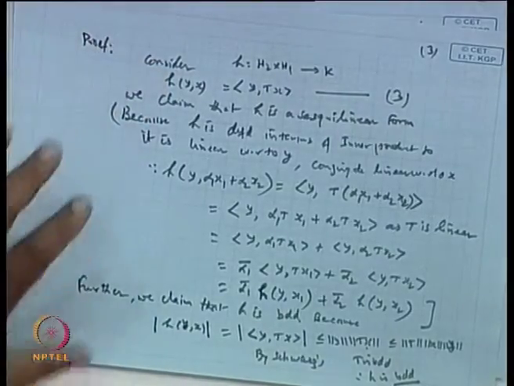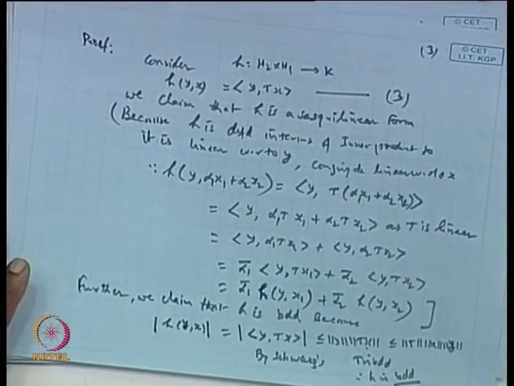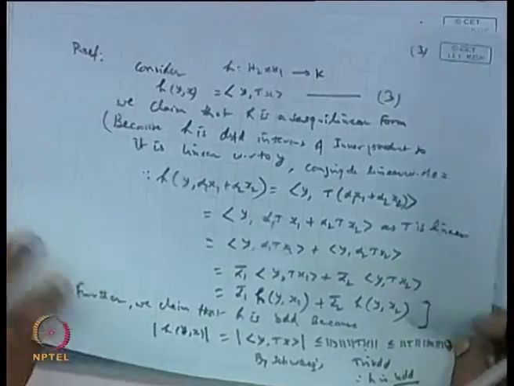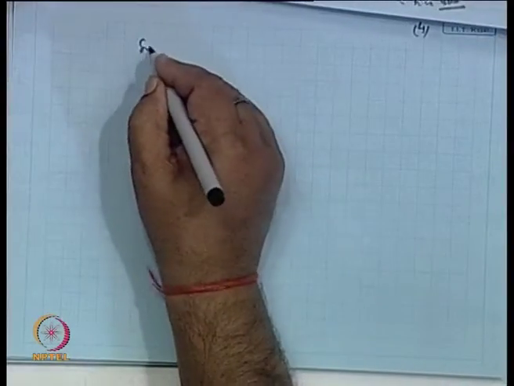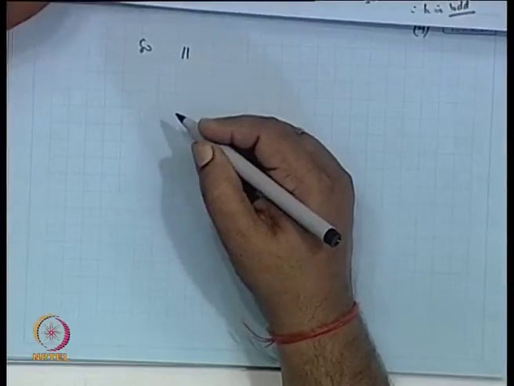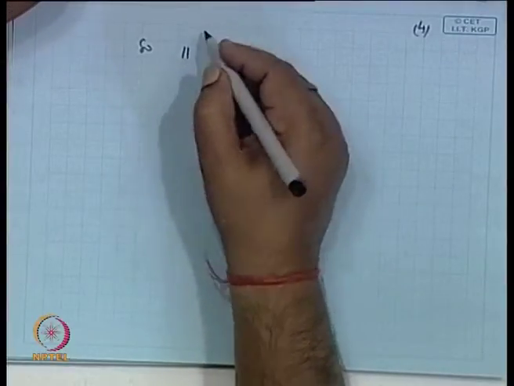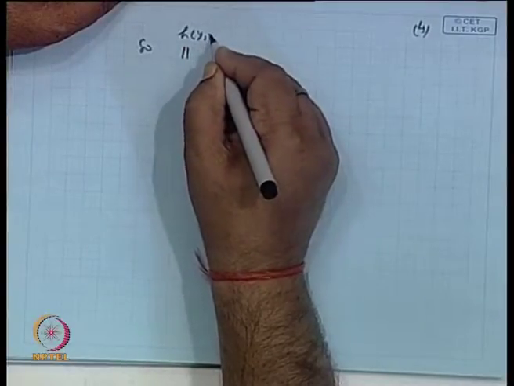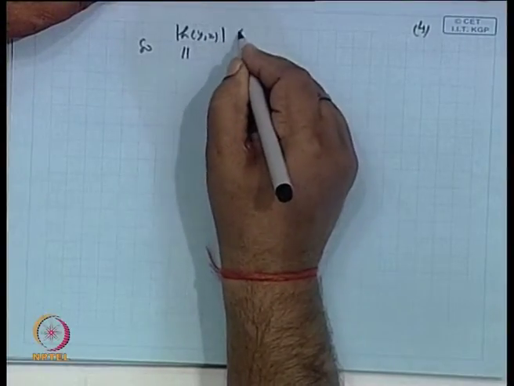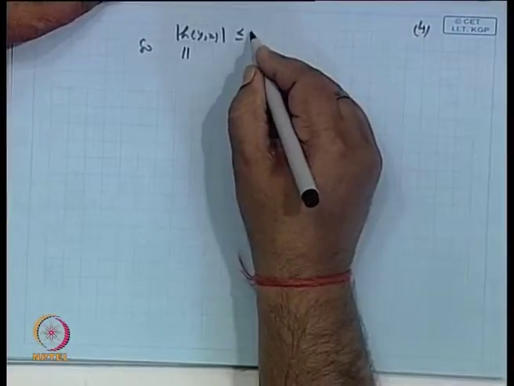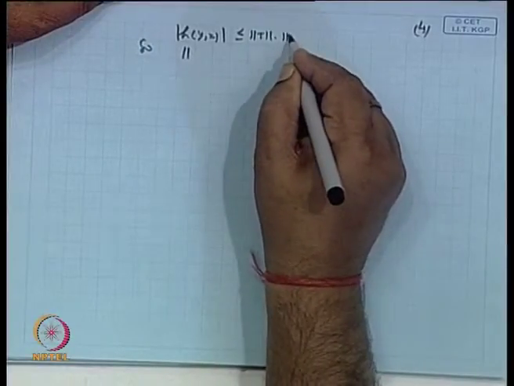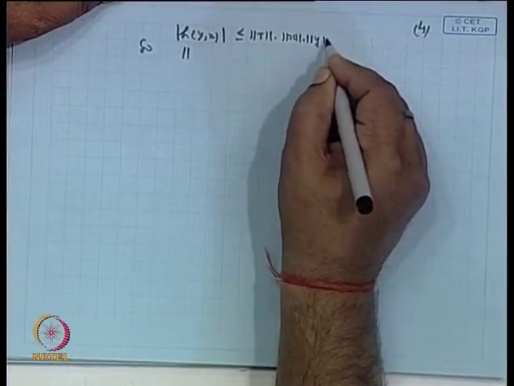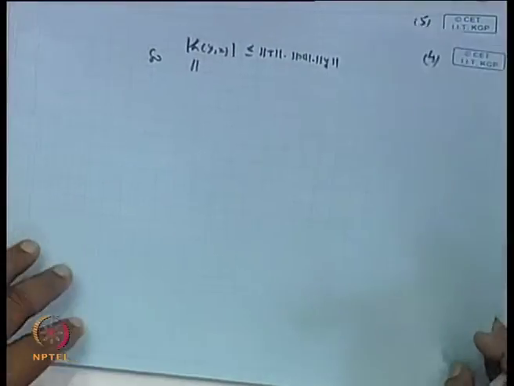So, we get that this is a bounded sesquilinear form. Now the norm of H: if I take H of y, x, the modulus of this is less than or equal to norm of T, norm of x, norm of y. Is it okay or not?